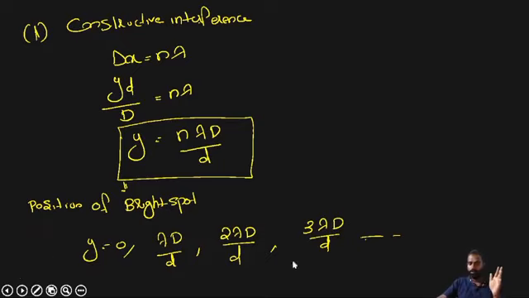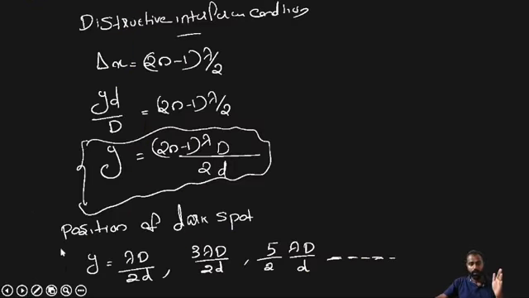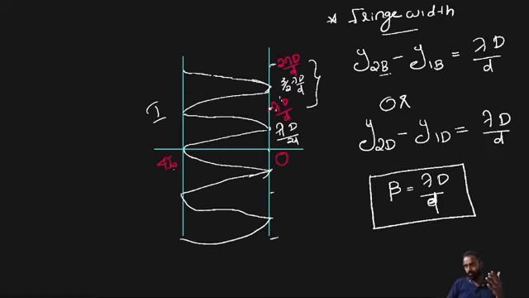At positions lambda D by d or 2 lambda D by d we get maximum bright fringes, and at lambda D by 2d or 3 by 2 lambda D by d, in between, we get minimum intensity dark fringes.